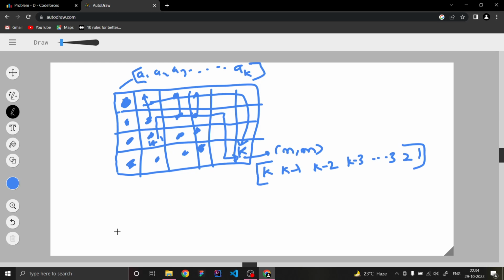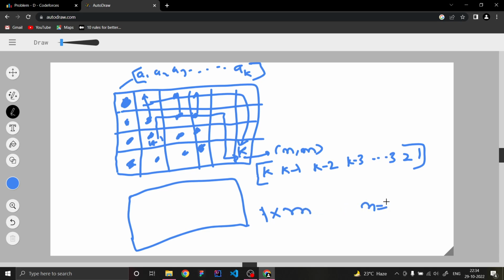So we can observe one thing: we need to find if there exists a way. Let's say the size of this grid is 1 cross m, that is, the number of rows equals 1.